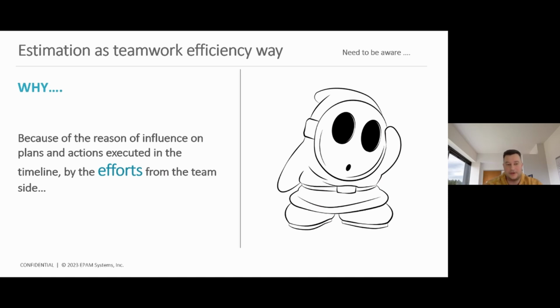Short answer: because of the influence on plans and actions executed in the timeline by efforts from the team side. We estimate the efforts related to the actions related to the results. Results are related to our goals and timelines. This is a simple sequence of object dependency. So that is why it is critically important to provide this understanding on the whole team level.